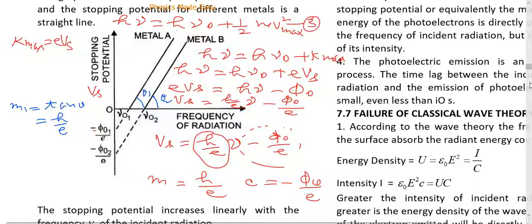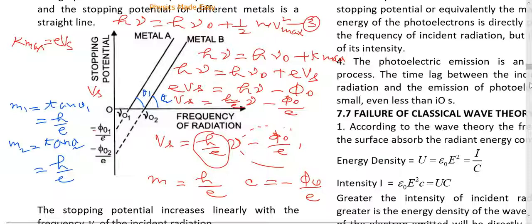In the case of stopping potential, the slope of these lines is constant, whether it is for energy E1 or for energy E2. This is for theta 1, and this is h by e. And this is the value of the intercept, minus phi naught by e.